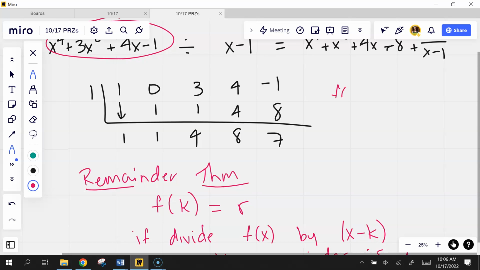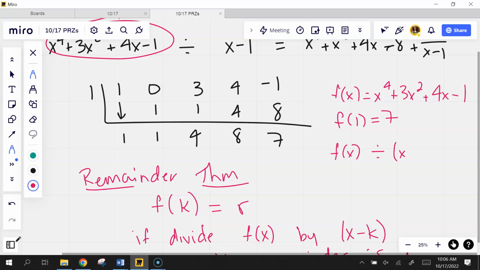Here, f of x was x to the 4th plus 3x squared plus 4x minus 1. f of 1 is 7. That means that f of x divided by x minus 1 has a remainder of 7.